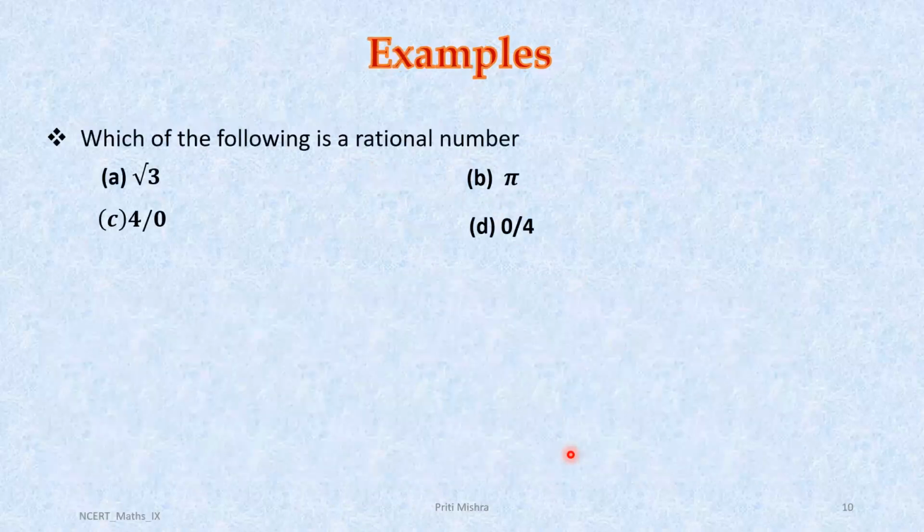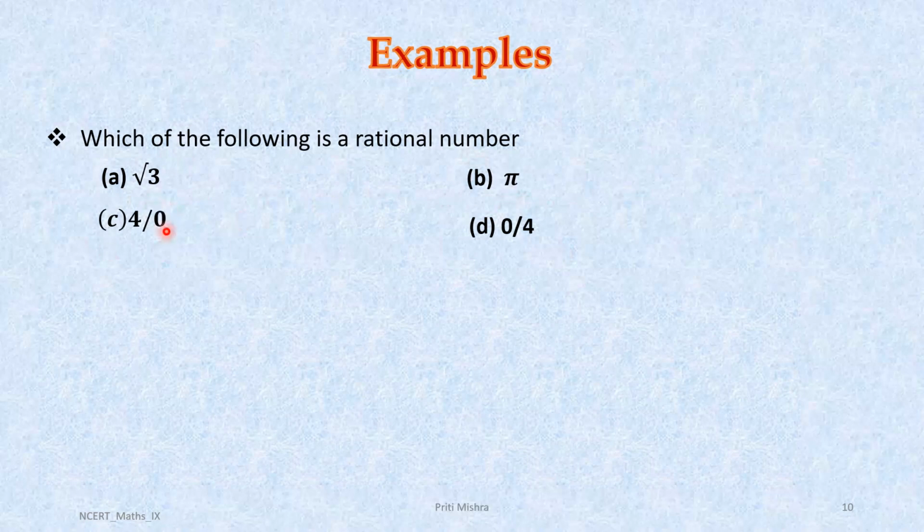Now next question, which of the following is a rational number? Here we are having options: square root 3, pi, 4 by 0 and 0 by 4. We have to identify which number is a rational number. So square root 3 is an irrational number. Pi is again an irrational number.